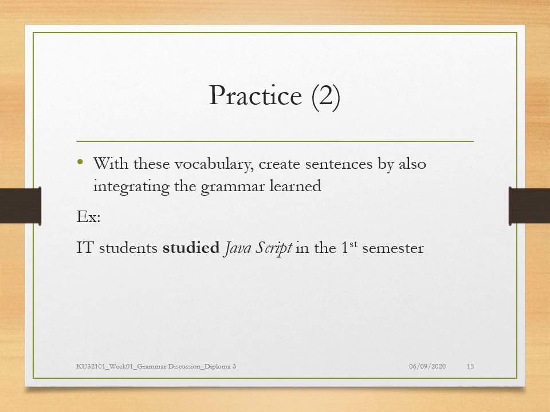What I want you to do is use this vocabulary to create a sentence, but I also want you to integrate the grammar that we have learned today, which is present perfect tense and past tense. Okay, for example, with the word JavaScript, you see over here, IT students studied JavaScript in the first semester.